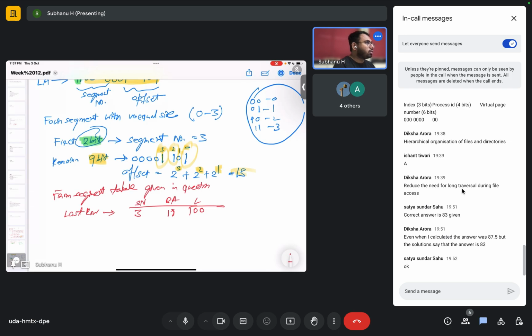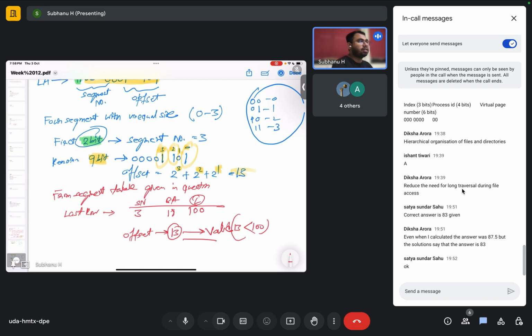Fine. So offset 13 is valid, because 13 is less than the length 100. So we have to validate it. How will I calculate the physical address?